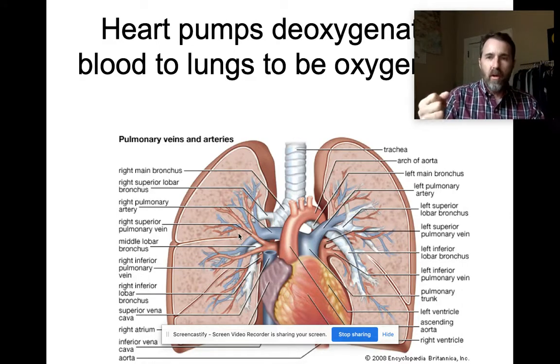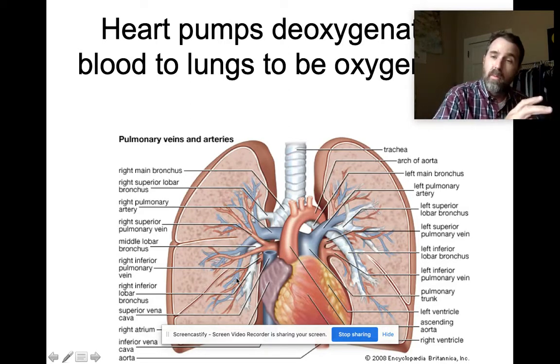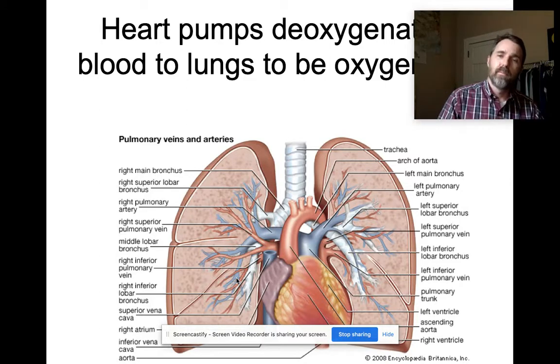So the pulmonary arteries branch off and they sort of follow the same pattern as the bronchi, the bronchial tree divisions. You can see here that the right pulmonary artery branches off, sort of like a primary branch. You have secondary branches of the pulmonary artery branching off to serve the lobes of the right lung.